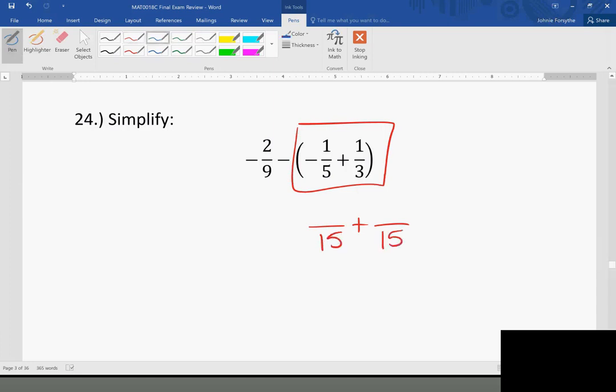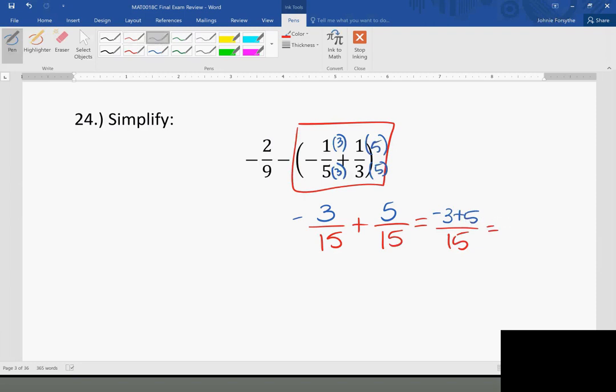So I'm going to multiply the first fraction by 3 over 3 and the second fraction by 5 over 5. So I'm going to have a negative 3 over 15 plus positive 5 over 15. So that will end up being negative 3 plus 5 over 15. So negative 3 plus 5, different signs.